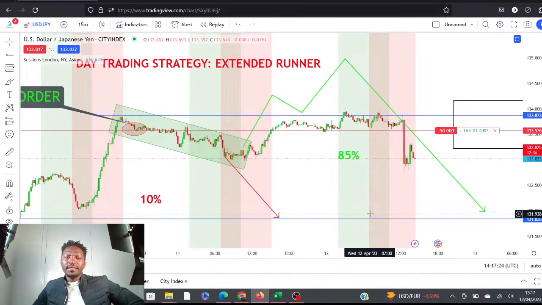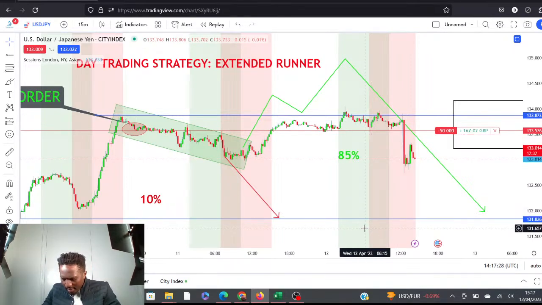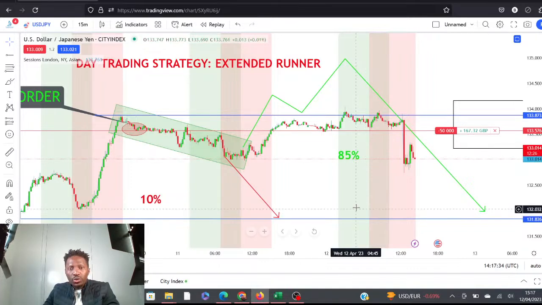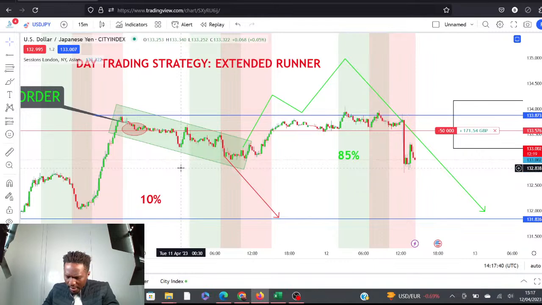And as you can see, even though I'm only trading my day trading strategy right now, a lot of times I've been making a reference to my other strategies. For example, the contraction and expansion strategy. That's another strategy that I'm quite familiar with, but it's not a strategy that you can apply for only day trading.